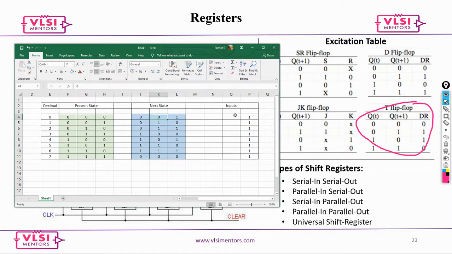It is going to be 0, and 0 to 1 it is going to be 1, and 1 to 1 it is going to be 0, 1 to 0 it is going to be 1. Now 0 to 0 is 0, and 0 to 1 is 1, and 1 to 1 it is going to be 0, and this is going to be 1. So here 1.